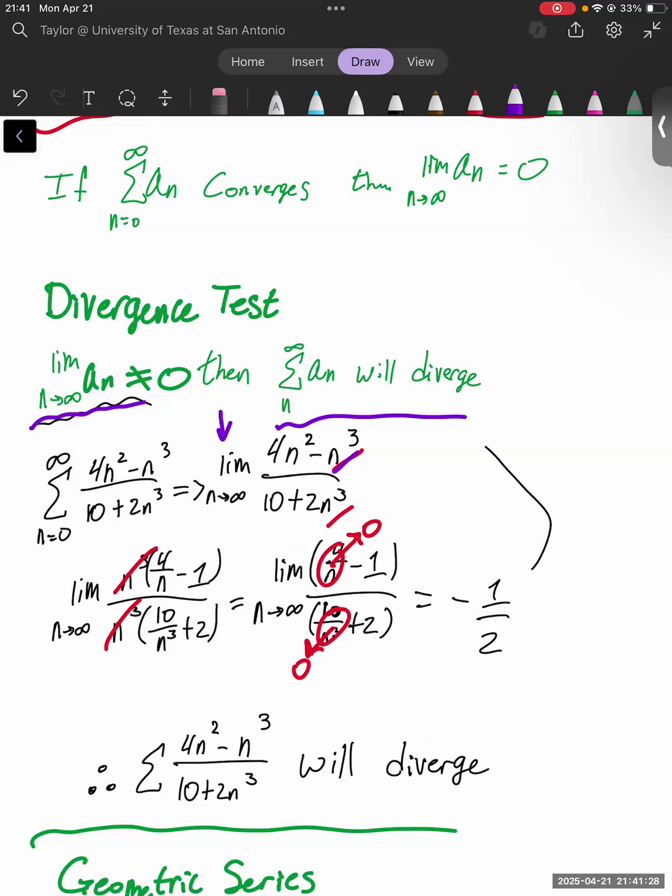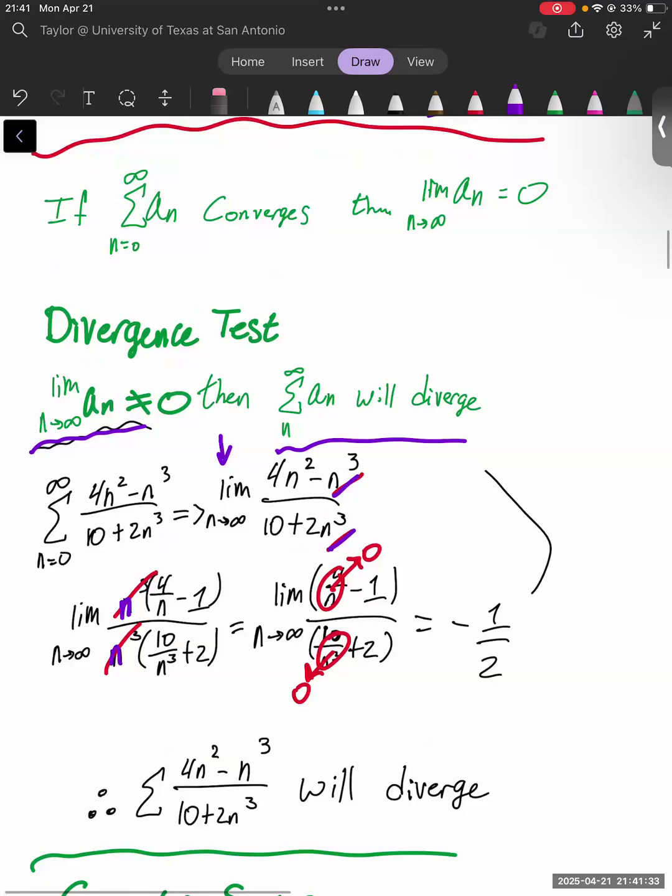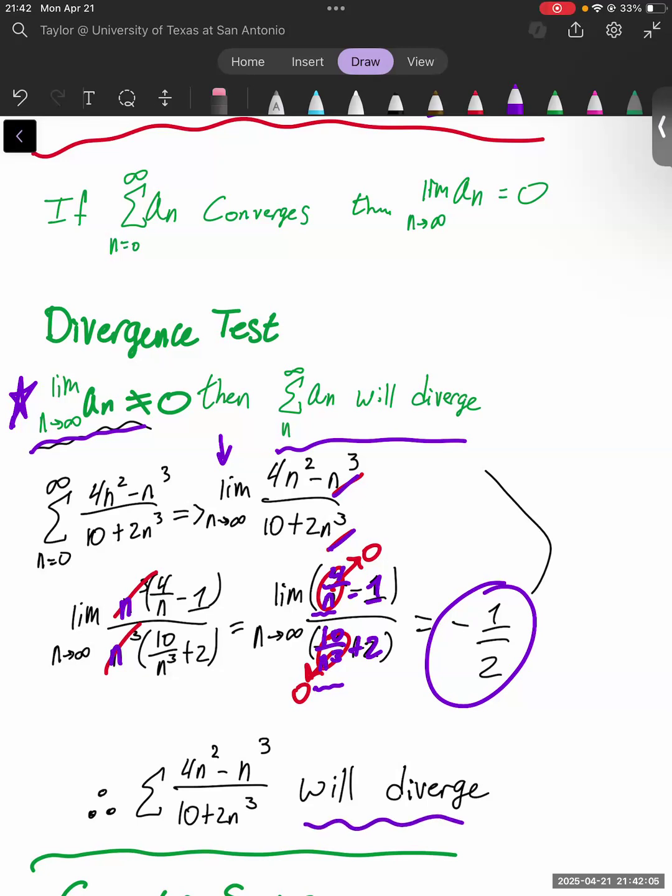And we see we have 2 shared terms here, so I'm going to pull those out right here, and then I can cancel them, leaving me with just 4 over n and 10 over n cubed minus 1 plus 2. The n terms go to 0, so we see it equals 1/2. And again, by the divergence test, if the limit does not equal 0, then the series will diverge. In this case, our series diverges.